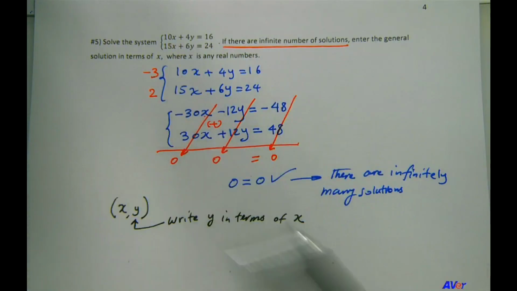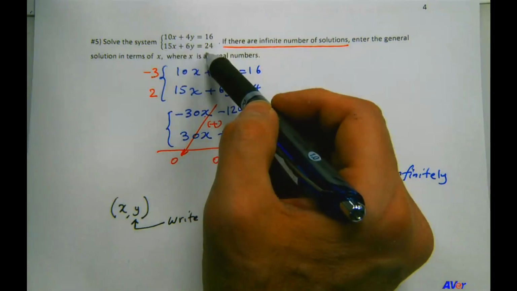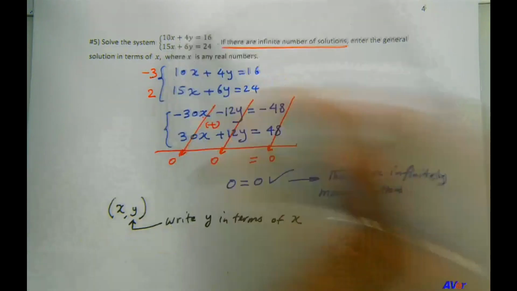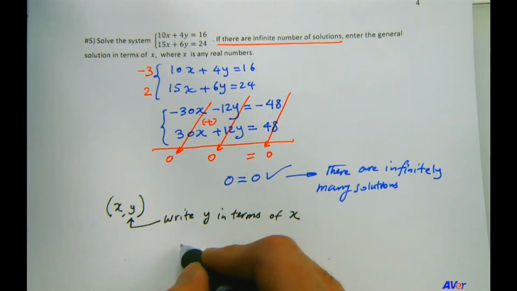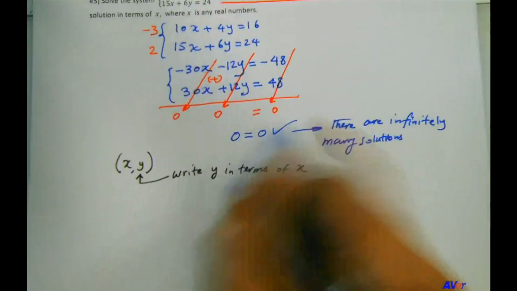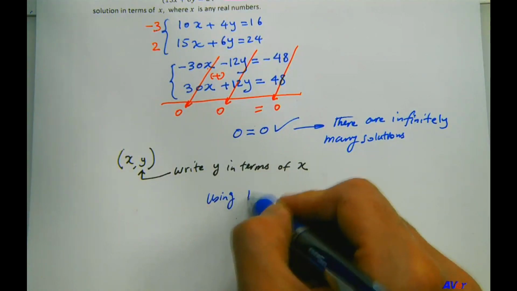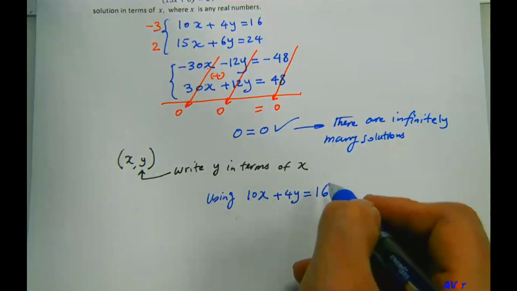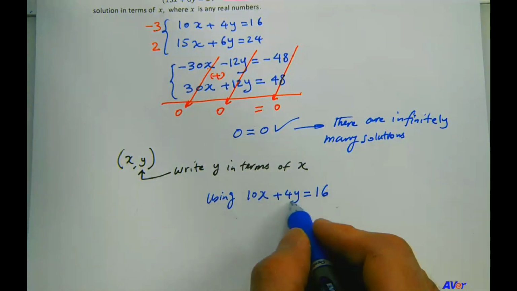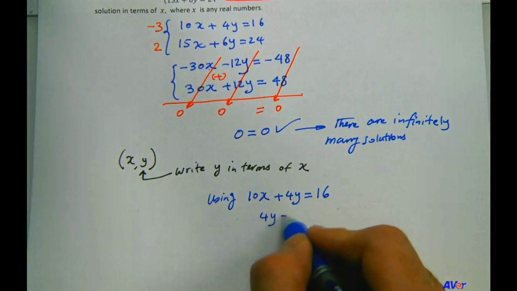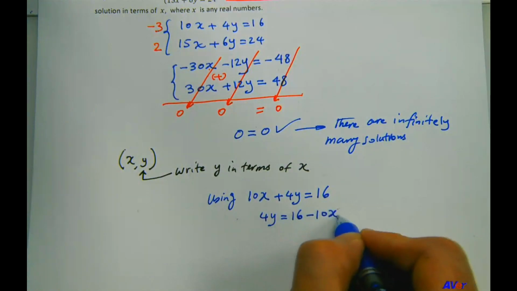We can write y in terms of x using either of these 2 equations. It makes no difference. I'm going to pick the first one. Using 10x plus 4y equals 16, let's solve this for y in terms of x. So we have 4y equals 16 minus 10x.